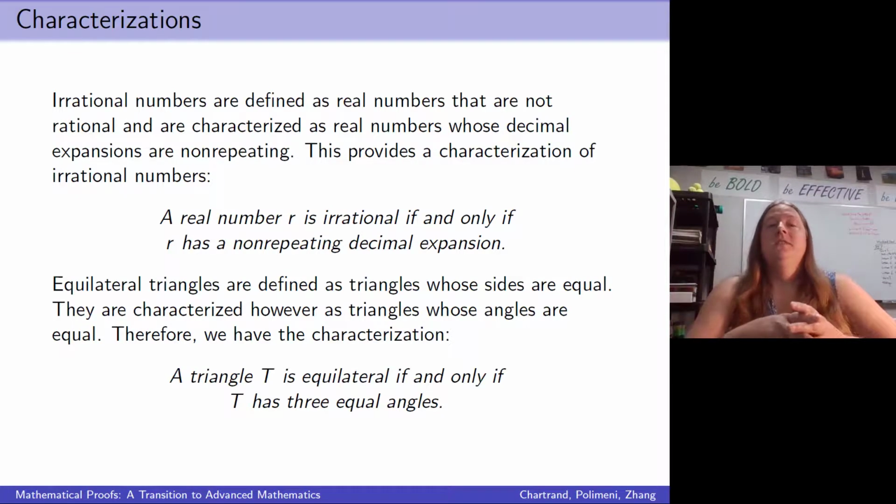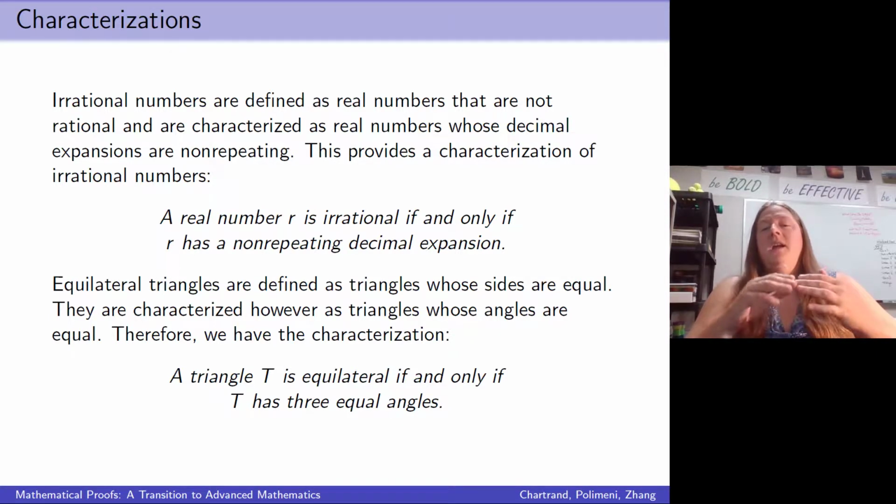An example of this is irrational numbers. We'll be using the definition of irrational numbers a decent amount, where they are real numbers that are not rational. But sometimes it's helpful to think about them in a different way. One of the ways that we think about them is as real numbers whose decimal expansions are non-repeating.